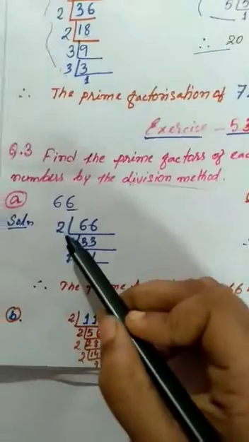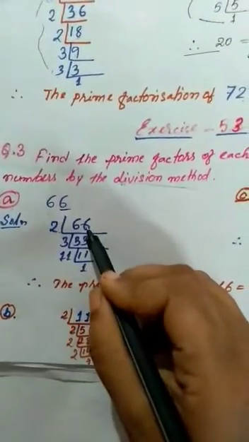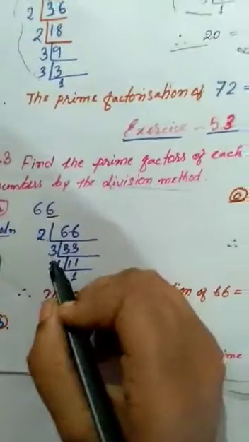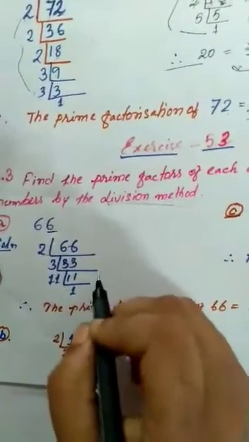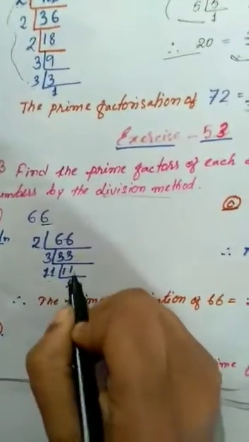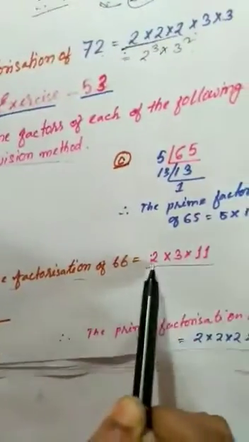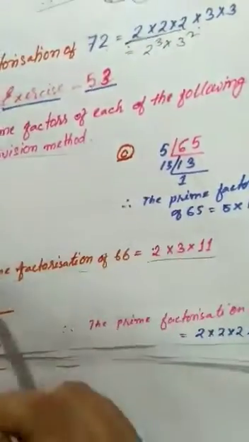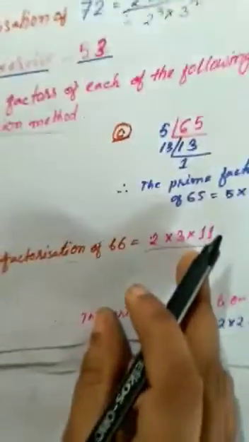Alright children, so 2 threes are 6, again 2 threes are 6. So now how do we do 33? As you know, 3 elevens are 33. Now 11 ones are 11. So what have we got here? The prime factorization of 66 we can write as 2 into 3 into 11, and this 1 we cannot write. If you want to check, you can check like this also.